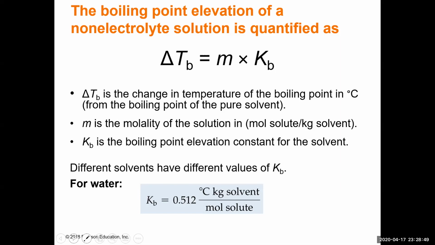M is the molality of the solution, and K sub B is the boiling point elevation constant for our solvent. Again, our solvent is often water. So for water, the K sub B is given to us here, which is 0.512 degrees Celsius times kilograms of solvent over moles of solute.